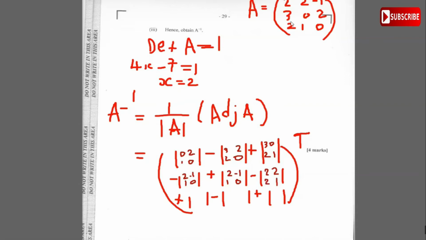Down here now, cross here, it's 2 minus 1, 0, 2. Going right here now, cross here, it's 2 minus 1, 3, 2.